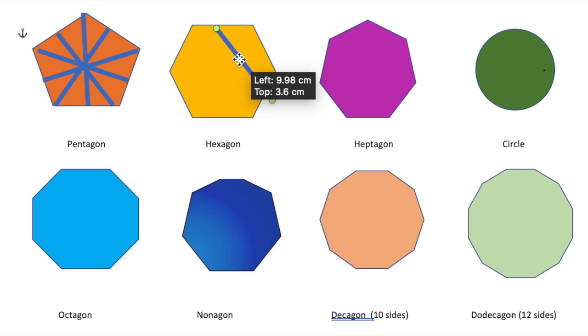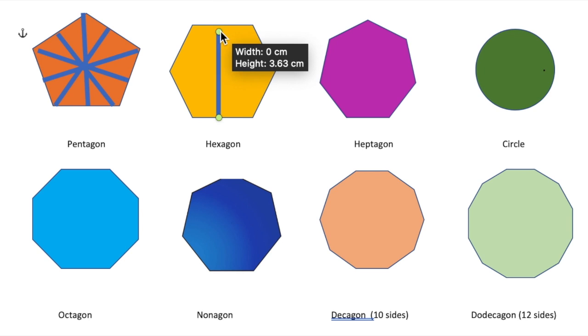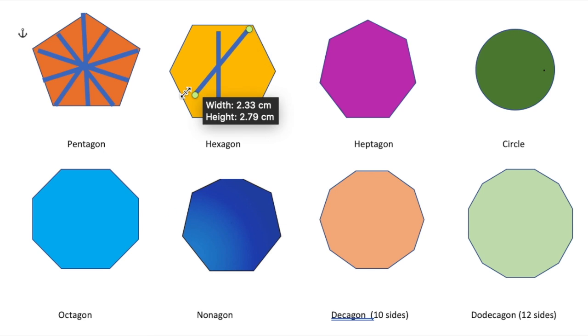So we'll just start over here, and we'll bring our line here, and it's not very straight. There we go. And we'll take our next line. Perfect. And we'll make sure, oh, there we go. That's better. Okay. And we'll bring another line in there.